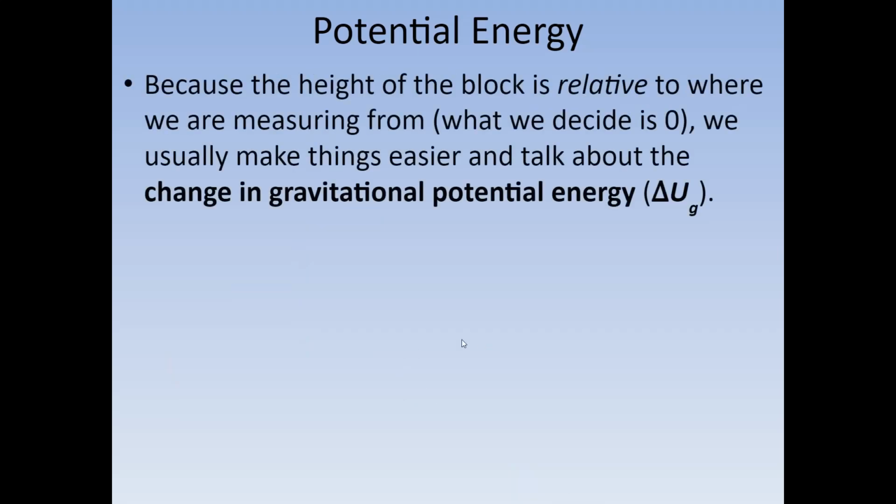Because we're talking about height and it's based off of where we're measuring the height from, again, in the previous case, it depends on whether we're considering the height to the table, to the floor, to the bottom of the pit. What we talk about instead is not just gravitational potential energy in a constant sense, but in the sense of the change in the gravitational potential energy that the object has.